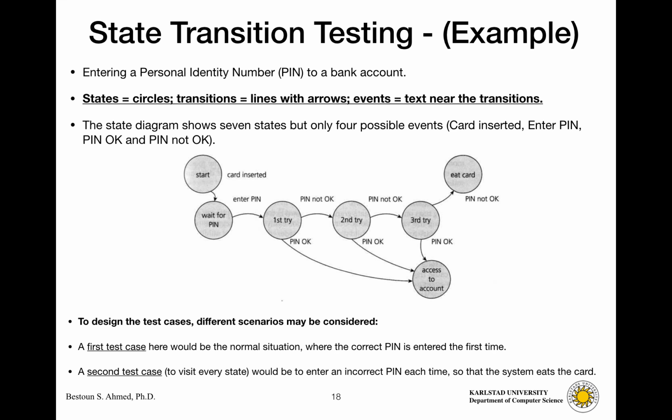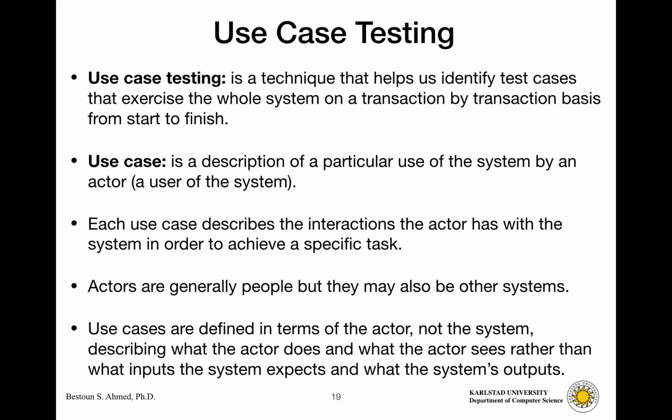The second test case is to test when the pin is not correct. What will happen? That is another test case, and you can generate the test case based on that. We will come back to this kind of graph because we have to cover all the states, or all the transitions between the states. So you have to specify a coverage criteria for yourself for this kind of graph, and we will come back to this soon in the coming slides.